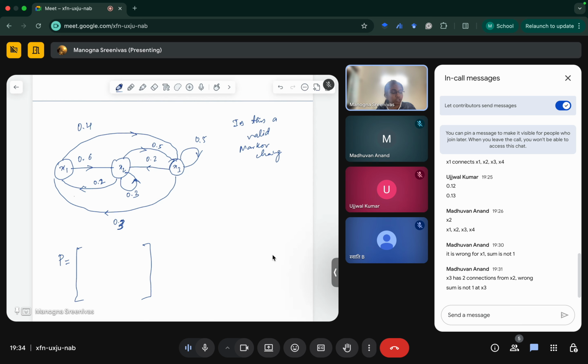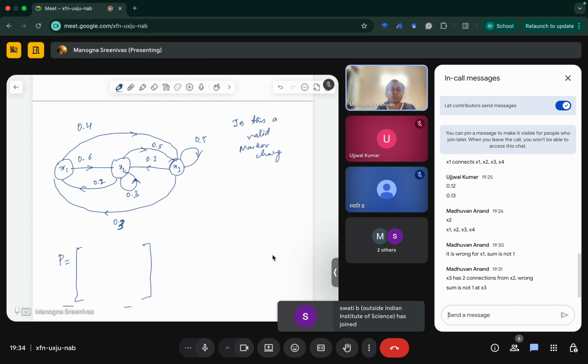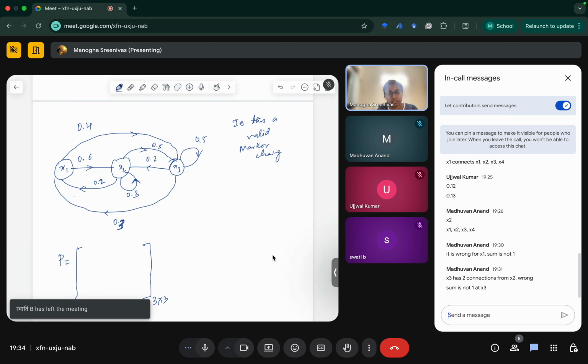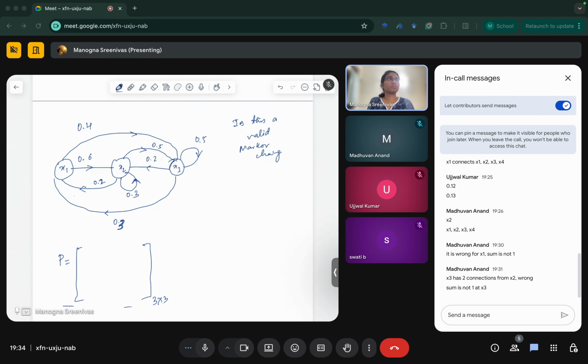So can someone tell me how to type out this transition matrix in the chat? So this is a 3x3 matrix, right? Can someone write what this 3x3 matrix is? What should this P be?